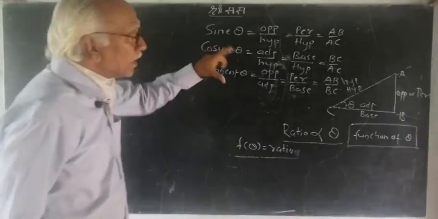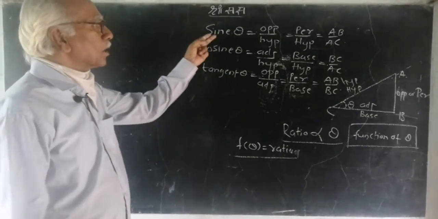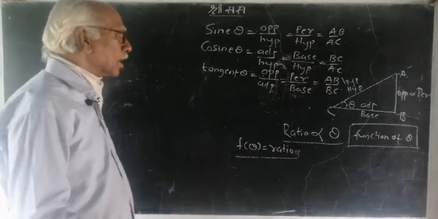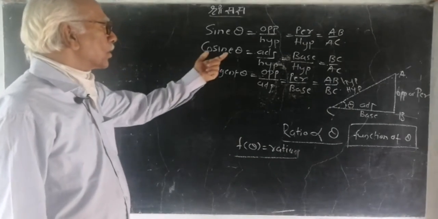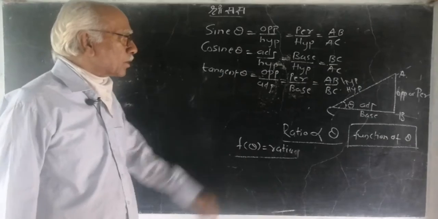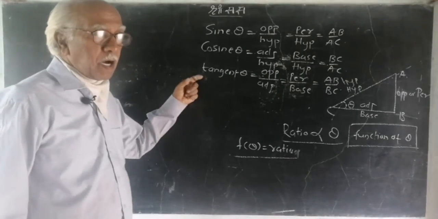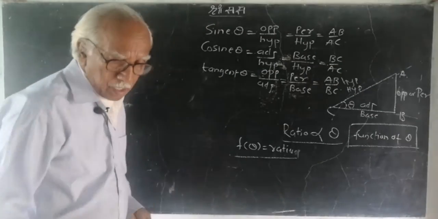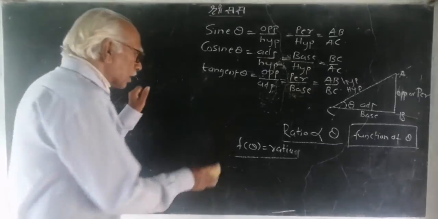So, if you take their reciprocals, reciprocal of sine function is cosec function, reciprocal of cosine is secant function, and reciprocal of tangent function is cotangent function, and we can write them afterwards.